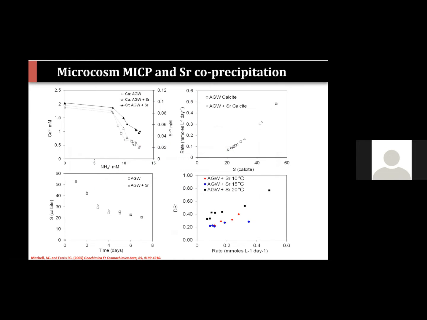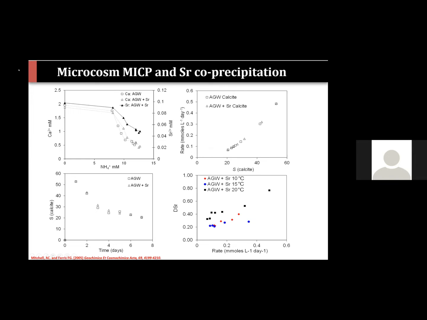So here's some of the radionuclide work we did a lot of years ago, looking at how we can successfully co-precipitate strontium as a proxy for strontium-90, which is a common fission byproduct with a rather problematic half-life of 29 years, and how we can co-precipitate this in carbonate minerals.